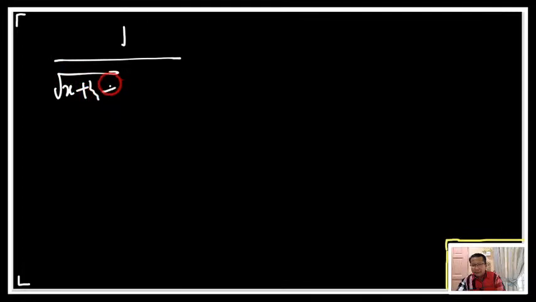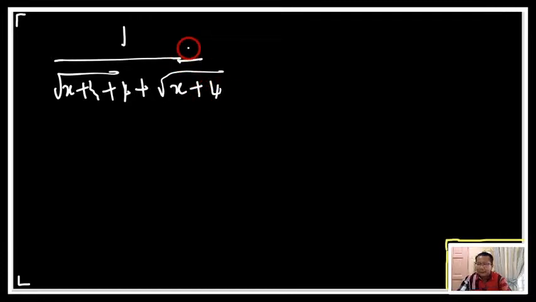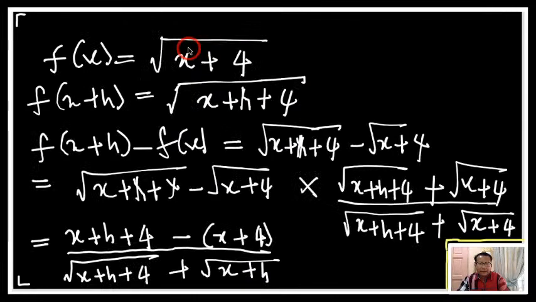Okay, so you will get 1 over square root of x plus h plus 4 plus square root of x plus 4. From here, x minus x 0, 4 minus 4 0, and then you are left with h.